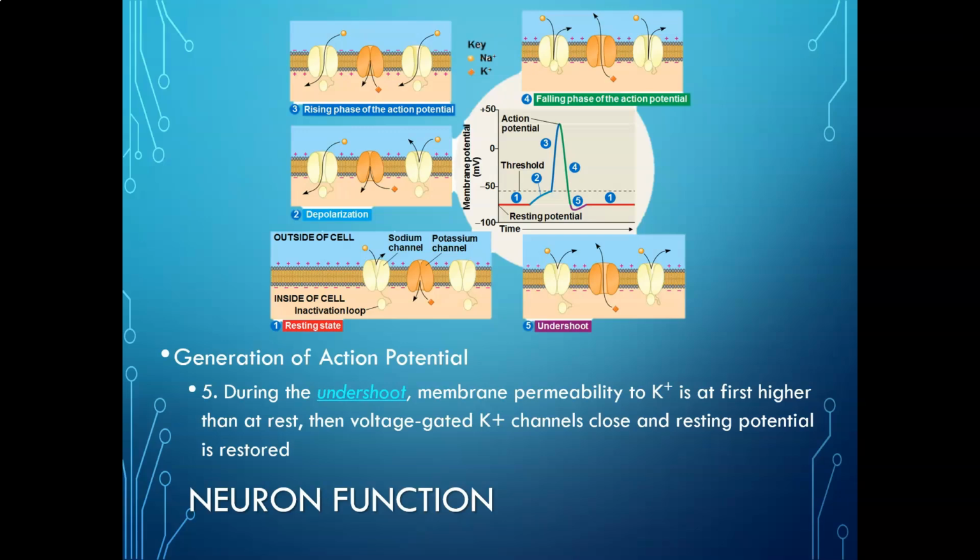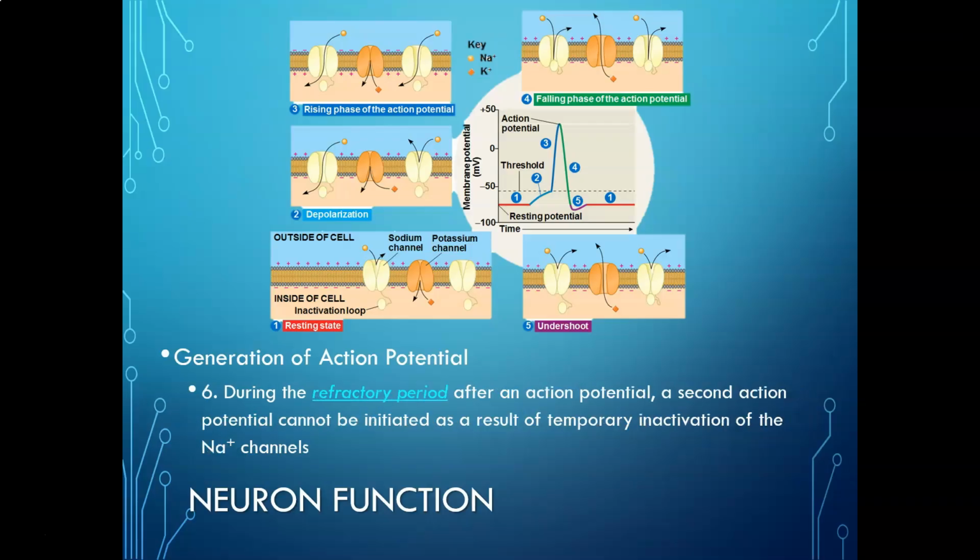So we allow a little excess potassium outside of the cell than we would actually want to restore that resting potential. That's where this undershoot comes in. But it's necessary in order to close off those potassium channels in order to reestablish a resting potential.